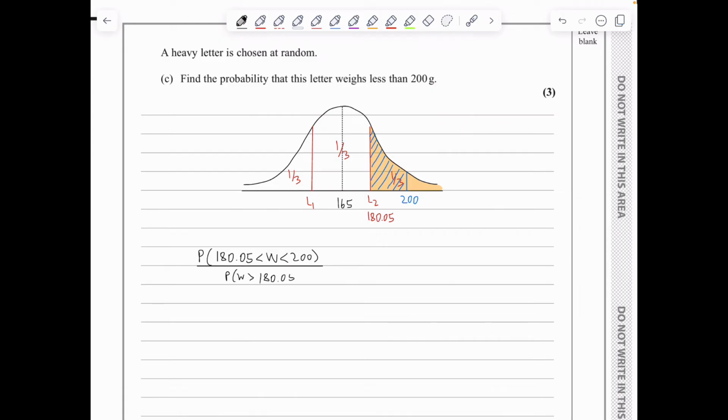Now I will start by splitting the double probability in the numerator as the probability of W being less than 200 minus the probability of W being less than 180.05. In the denominator, the probability that I am greater than 180.05 is simply a third, so the bell-shaped curve is handy here to determine some of the probabilities.